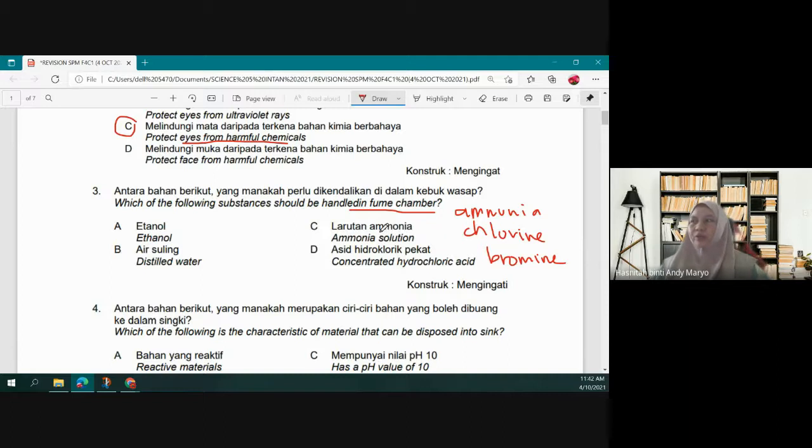So which one do you think releases either ammonia, chlorine, or bromine gases? Okay, anyone? Quite easy. Answer is Liquid. Are you sure? Concentrated hydrochloric acid.